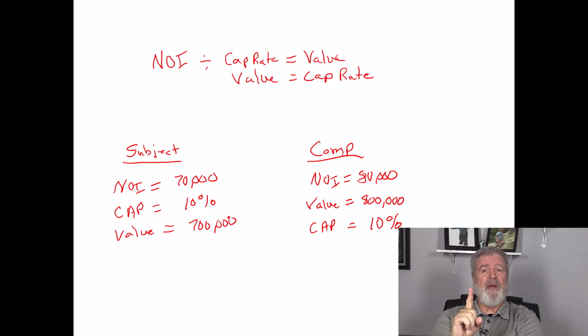And again, pay attention to whether these are monthly, quarterly, or annual expenses, because at the end of the day, what do we need to know? Annual. So whatever it gives you, if it's not an annual expense, you're going to have to convert it to annual. Then we subtract all the annual expenses from the gross income, and whatever you're left with is your net operating income.